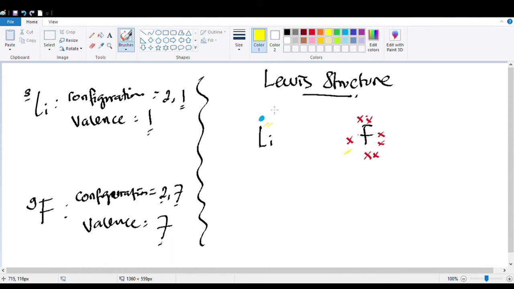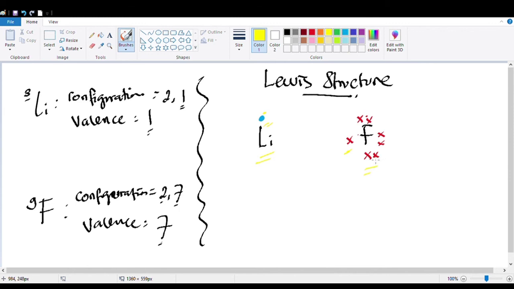Again, ionic bonding is a give and get. This metal element is better to give this electron to another element, and this fluorine, this non-metal, is better to get an electron from another element, because they will save energy if they just gain one electron, rather than having to lose 7 electrons.